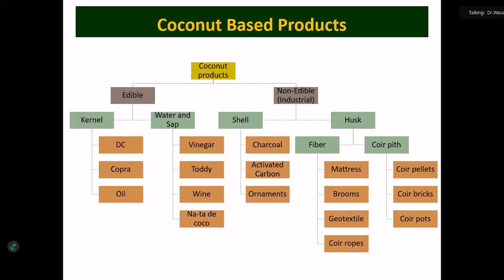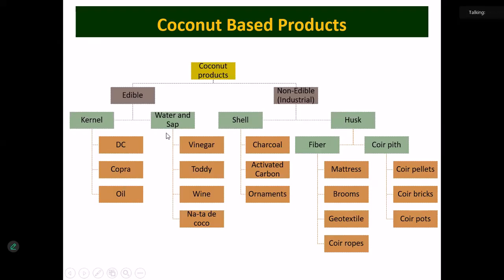I am going to discuss only the major export-oriented coconut products. Number 1, DC, desiccated coconut, copra, and coconut oil. These three we are going to discuss in detail in your module.